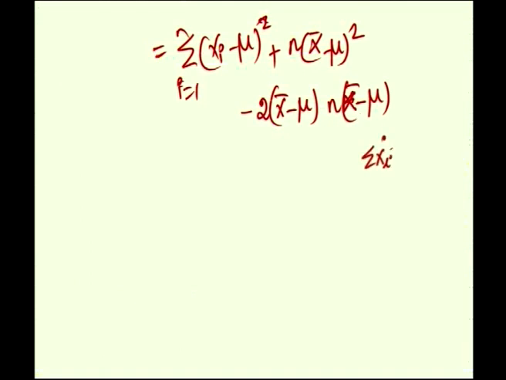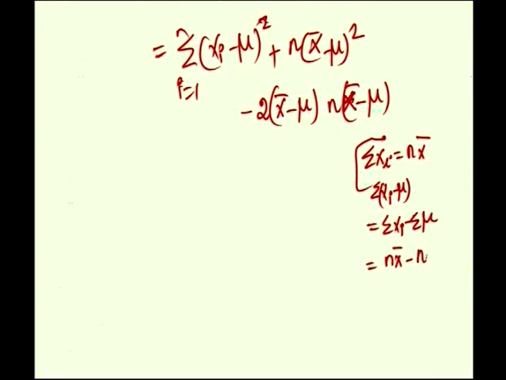Summation xi is equal to n into x bar, and summation xi minus mu will be equal to summation xi minus summation mu, which is n x bar minus summation mu is n mu, therefore n into x bar minus mu. Okay.